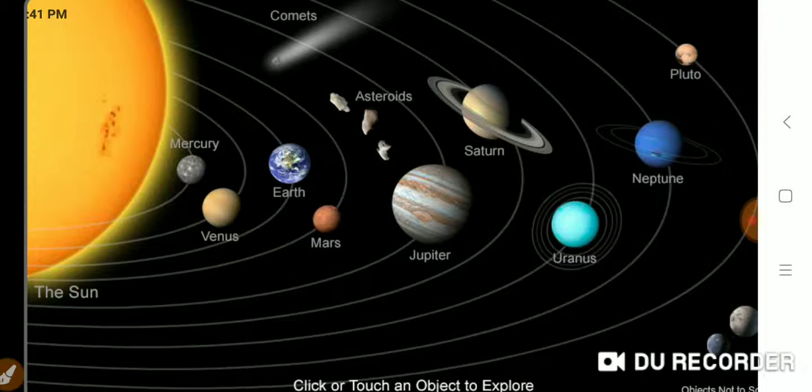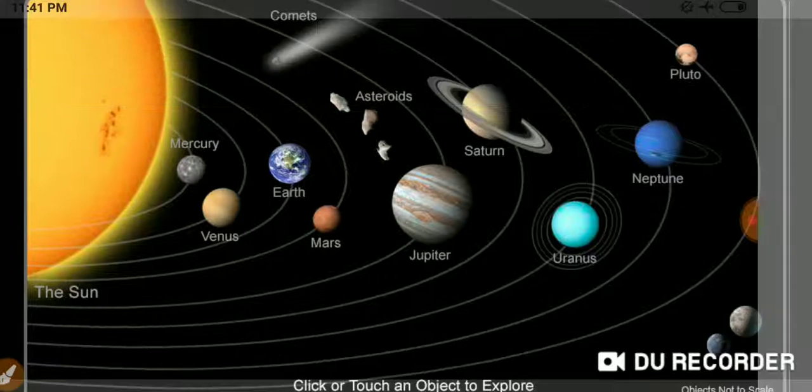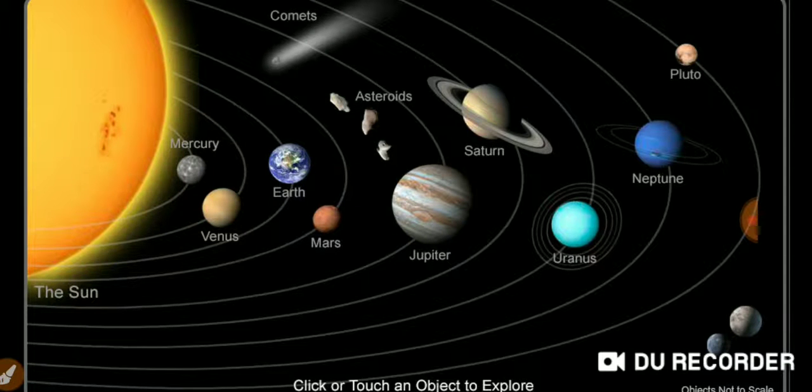Earth is called the blue planet because 71% water is present here. Earth has one natural satellite that is called the Moon, and we can see only 59% of the surface of the Moon from the Earth.